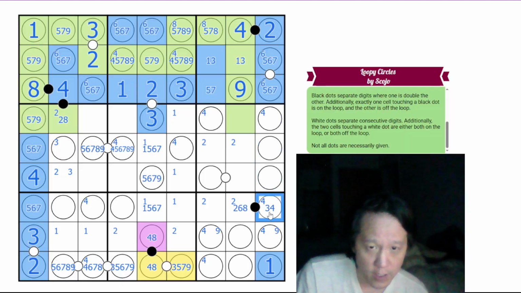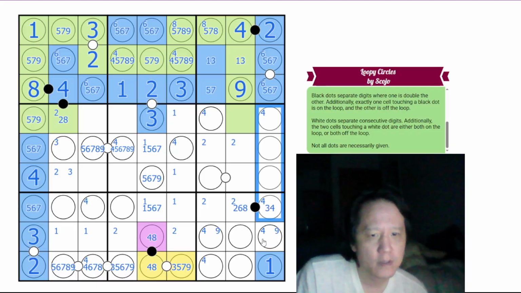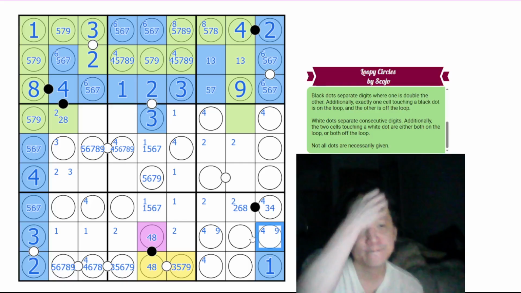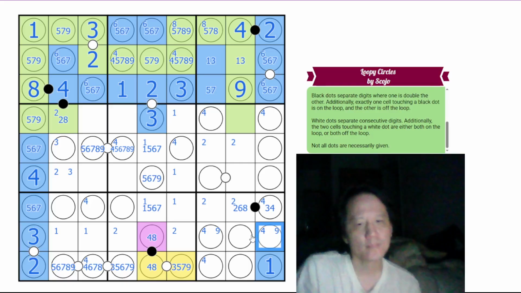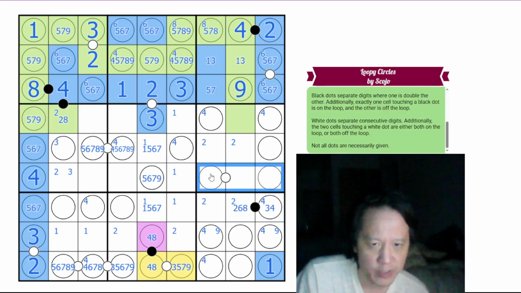It could still go there then. It could go there also. Well, okay, say it tried to go this way. I think the answer to that is it can't, because then these would both be off the loop because it would be considered touching itself. So it cannot go here and then go that way.